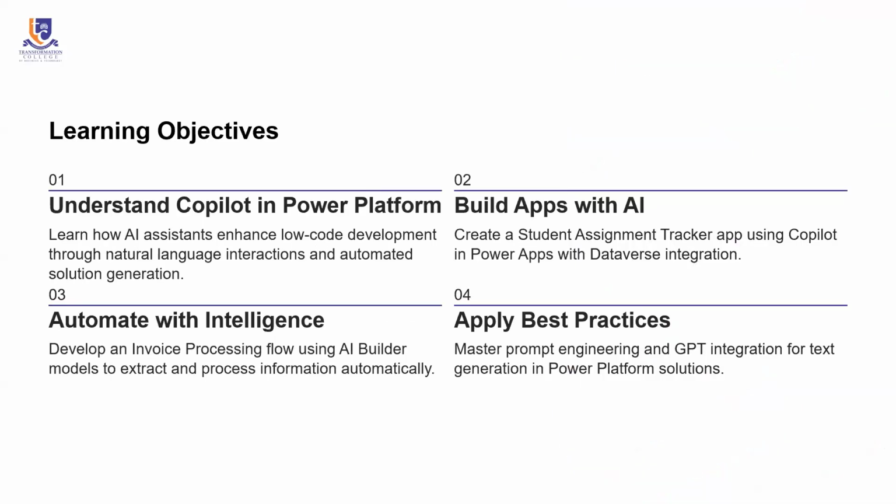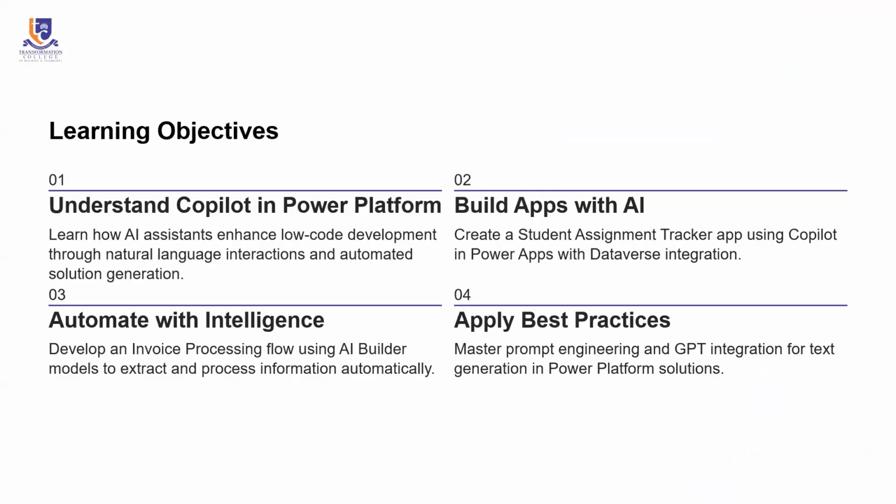So what we're going to understand from the Power Platform, you have to understand what Copilot is, and Copilot is just Microsoft's own AI model. You learn how to use AI assistants to enhance low code development through natural language interaction and automated solution generation. Basically, using prompts on Copilot and the Power Platform, we can generate applications, right?